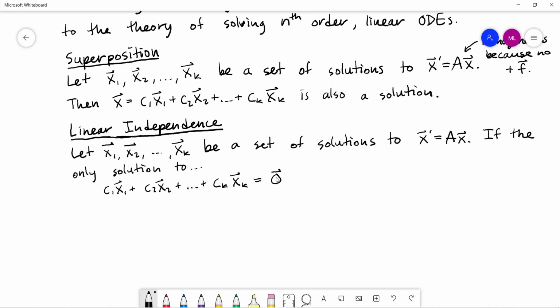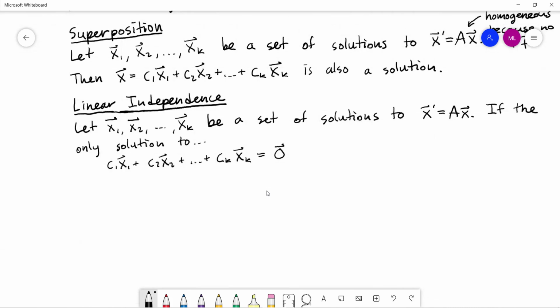So we'll write this as the 0 vector, and note that the 0 vector is literally just a vector of the same dimensions as these ones, but every entry in that vector is zeros. We'll call it the 0 vector. If the only solution to this equation is that all the c's are equal to 0, then the x's are linearly independent.